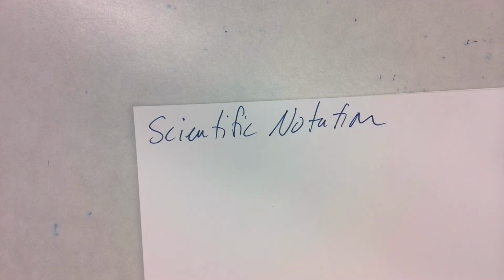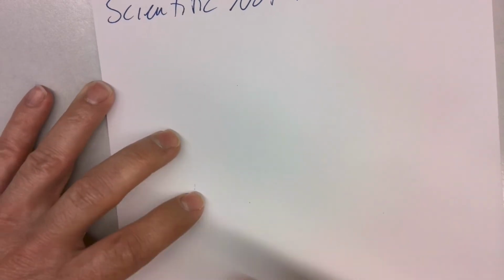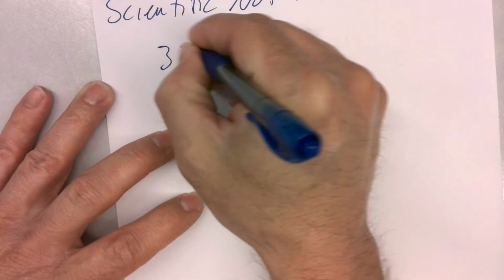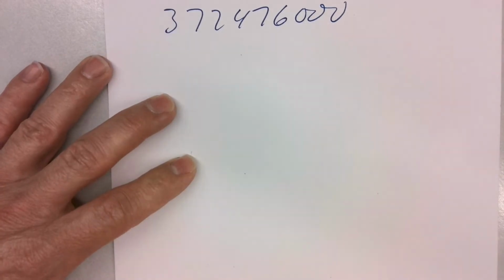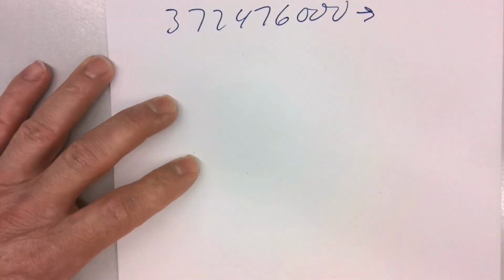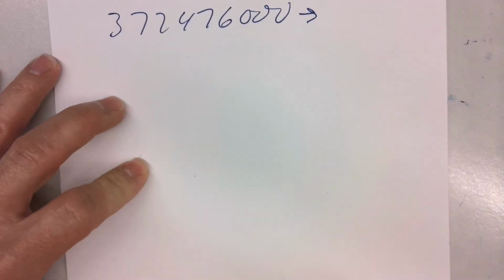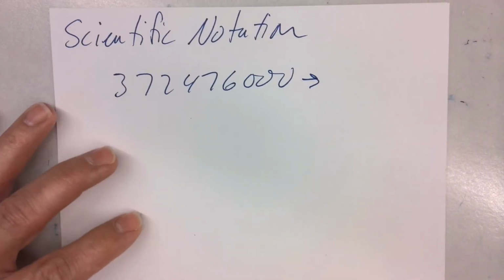Any questions on scientific notation? We'll just do one. So if I gave you this, and I wanted you to write that into scientific notation, anybody want to take a stab at that?